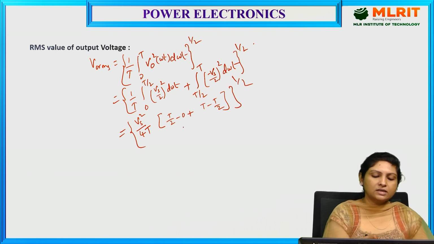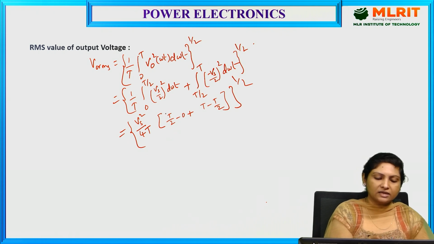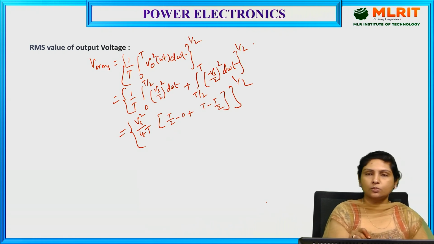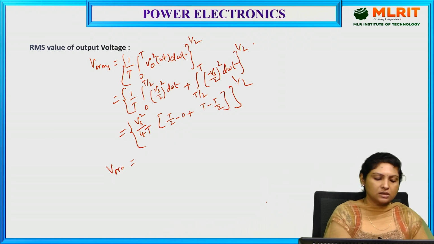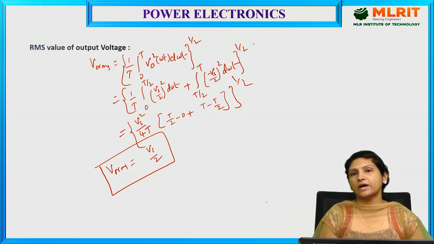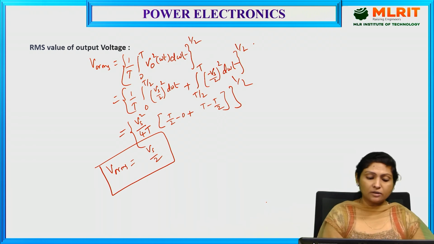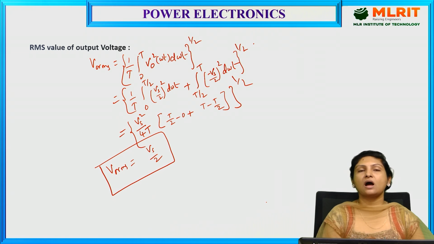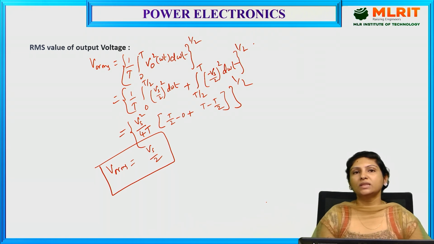In that case, here T by 2 and this is T by 2, so we get T, and that T gets cancelled, whole to the power of 1 by 2. In that case, we get V0 RMS is equal to Vs by 2. And this is the RMS value of output voltage expression. That is, V0 RMS is equal to Vs by 2 for a half bridge inverter with RL load.